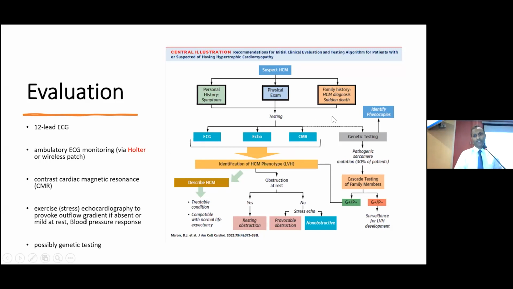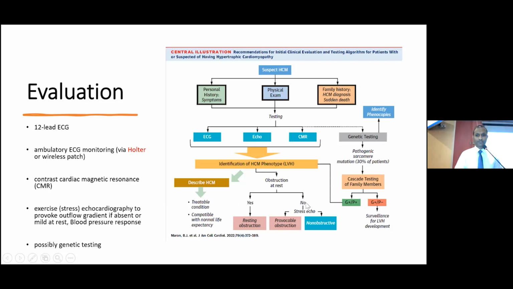If you want to evaluate it, after history and physical exam you take the family history and the ECG, and echo is the mainstay of diagnosis. Ideally you need cardiac MRI for each and every patient. After that, you need genetic testing, which is not commonly done in Sri Lanka. After the echo, you have to find out whether there is resting obstruction; if there is, it is obstructive cardiomyopathy.